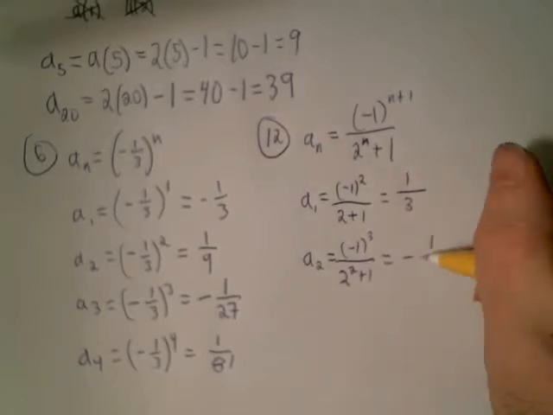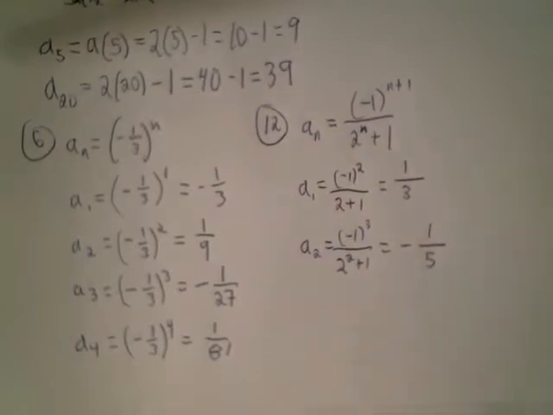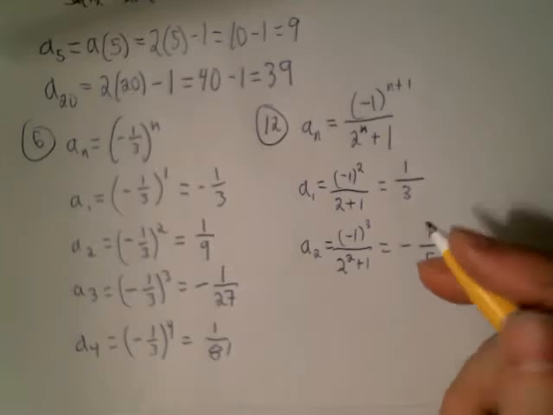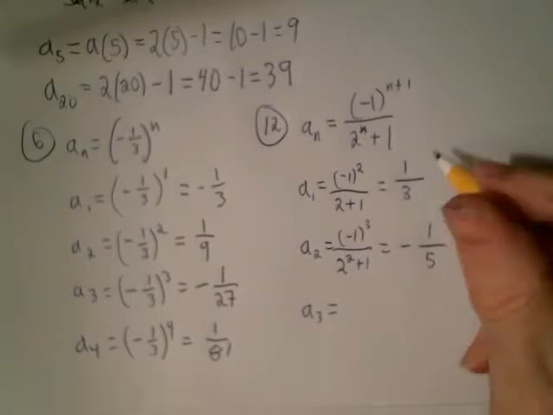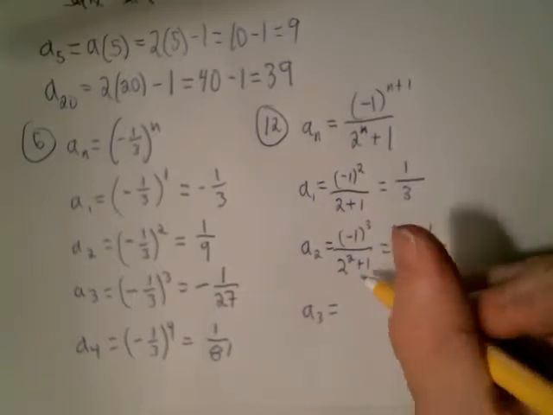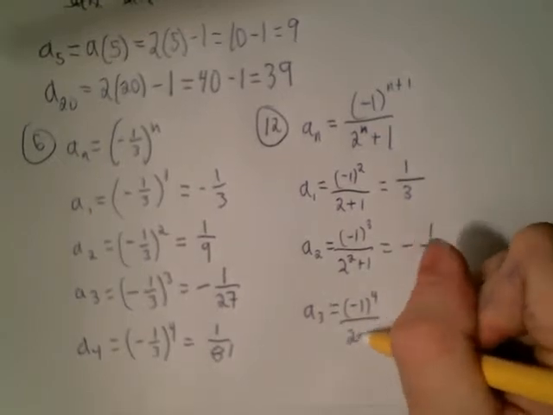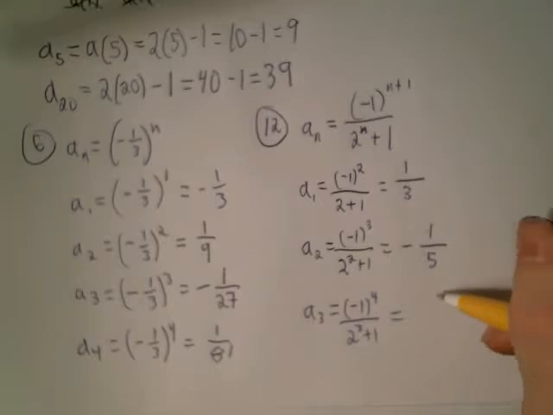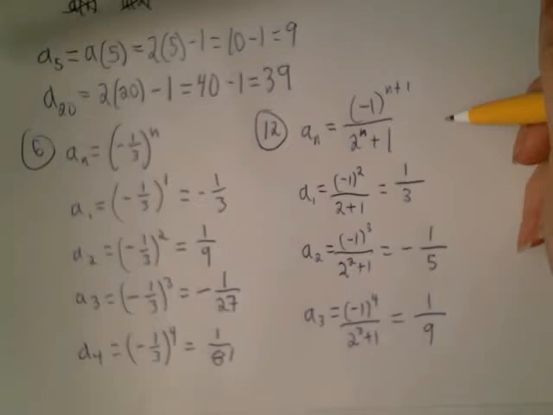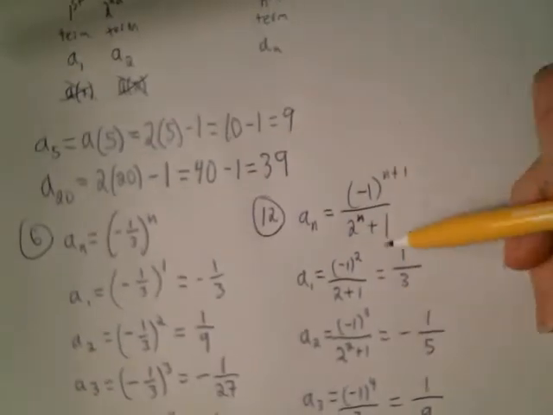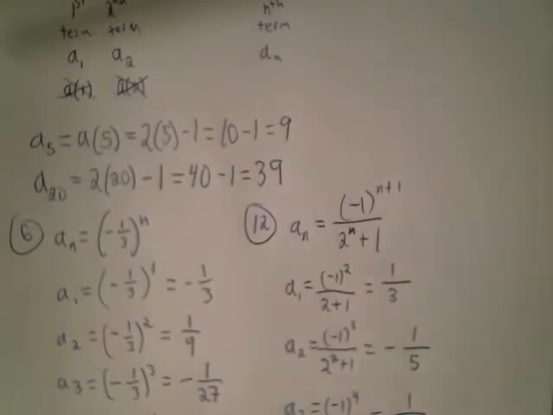So you get negative 1 all over 2 squared plus 1, which is 5. And then the next guy will end up being positive. So it has the effect of giving alternating signs to each term of the sequence. They'll come in 2 flavors, basically, and sometimes you have to make these formulas up. That can be a challenge.